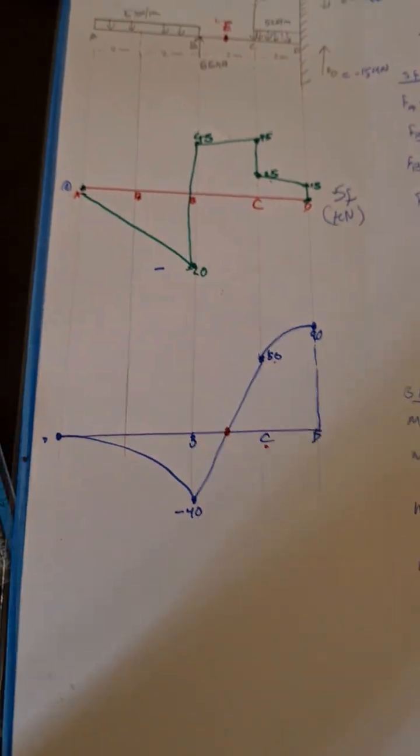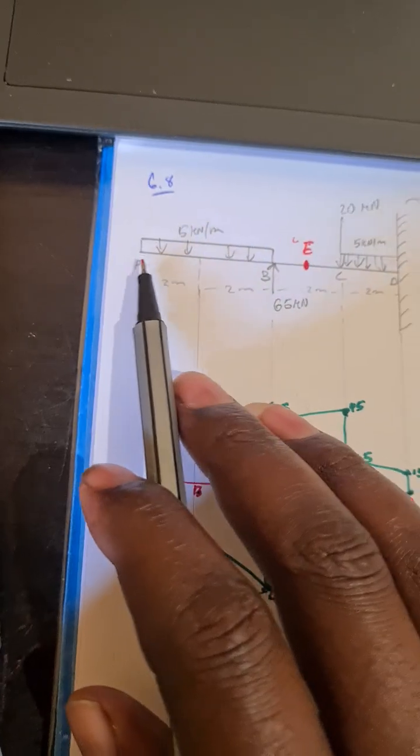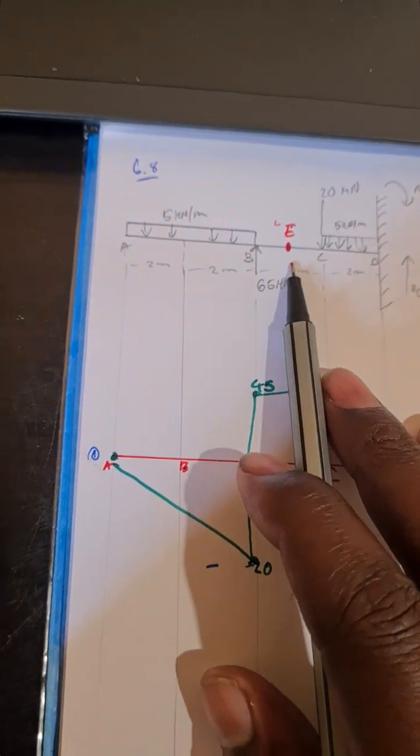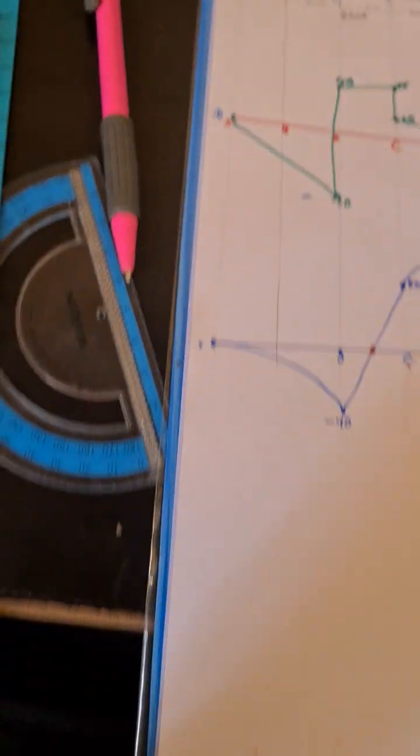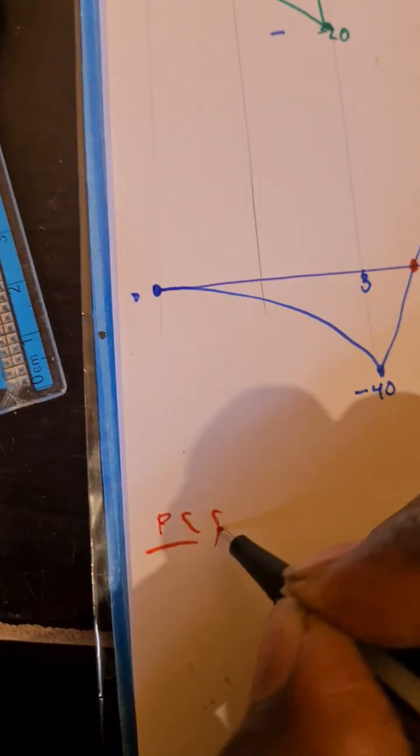Right? Then we choose. It's easy to come from A to B to E. Then you calculate the bending moment at that point. Let's just calculate it here. Point of contraflexure.